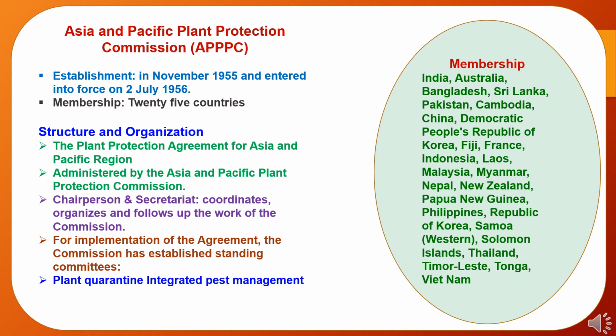Now to focus on structure and organization, the Plant Protection Agreement for the Asia and Pacific region is an intergovernmental treaty administered by the Asia and Pacific Plant Protection Commission. The Chairperson and Secretariat have the responsibility to coordinate, organize and follow up the work of the Commission. For implementation of the agreement, the Commission has established a standing committee, and for plant quarantine, the integrated pest management approach is adopted.